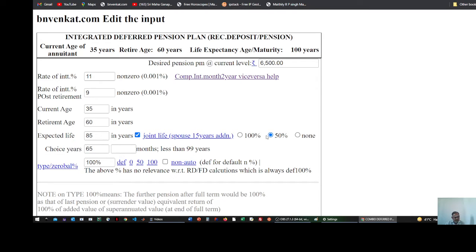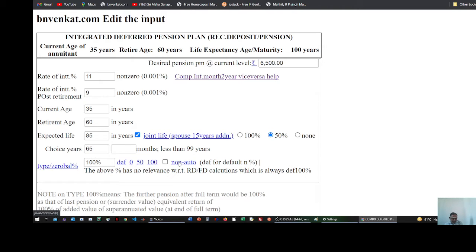That is, after the death of the annuitant, or after the survival of the annuitant to the age of 85, the spouse time will start, and during spouse time the spouse will get 50% in the next year, and subsequently with the same increase of 6%, and will continue up to age 100.